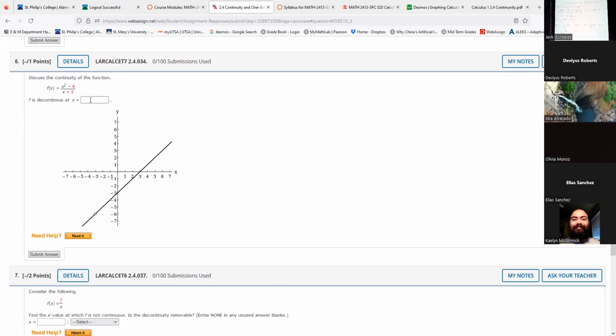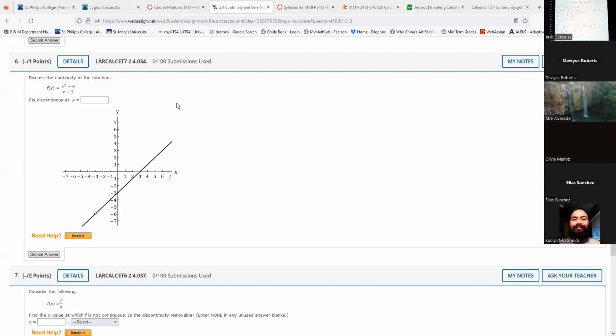6. They want to know where we are discontinuous. What do you guys think? Somewhere around the open dot. Yeah, the top is a difference of squares.